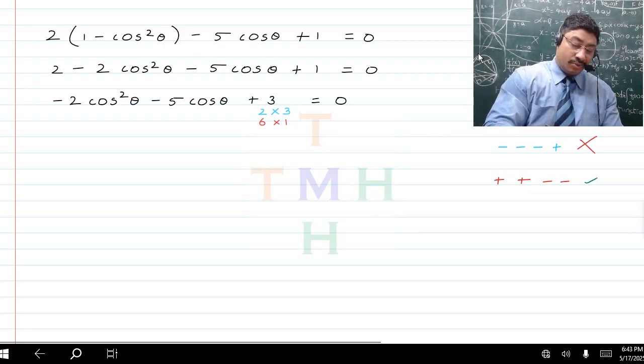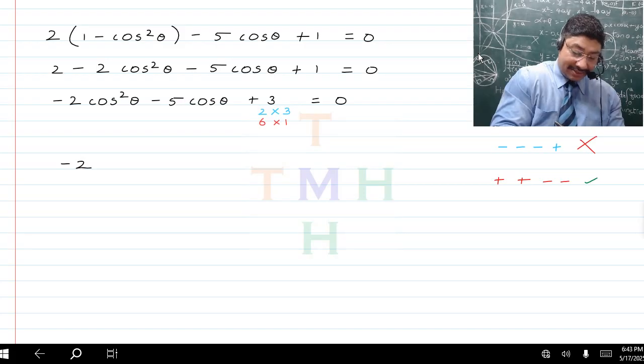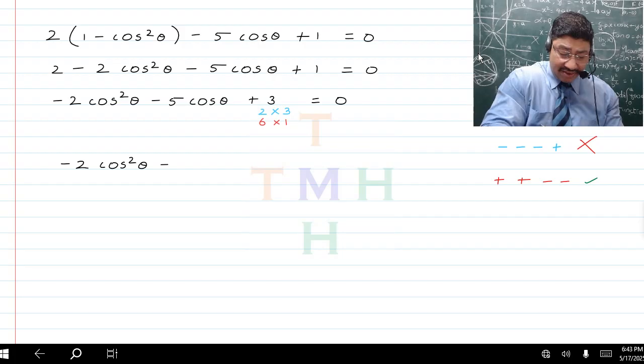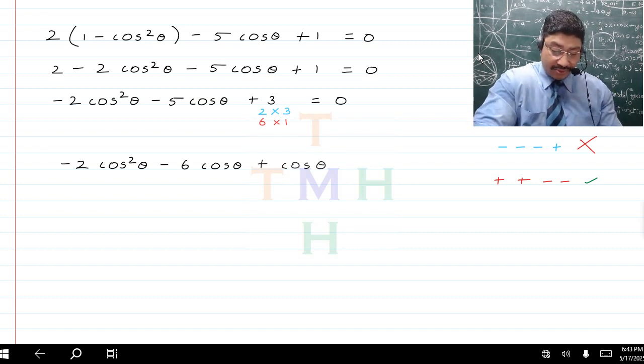So now next what we do is we will write this as minus 2 cos squared theta, and then we have minus 6 cos theta, right? And then we have plus cos theta, whose sum will become equal to minus 5 cos theta as is required, plus 3, which is equal to 0.